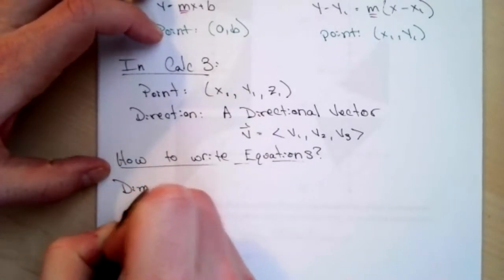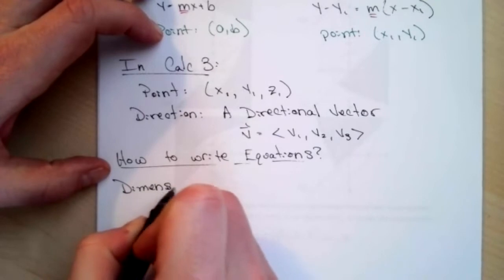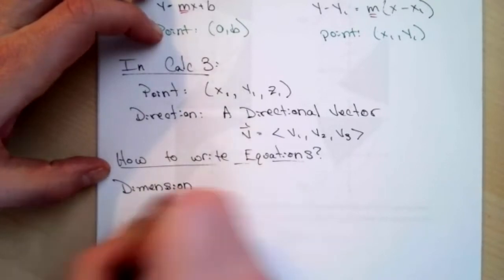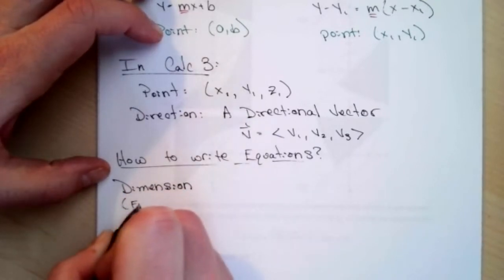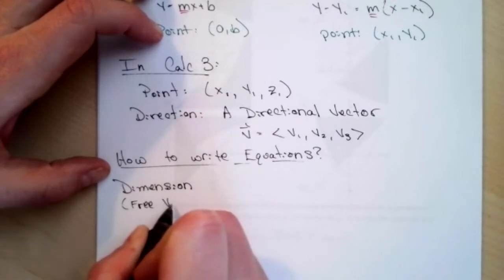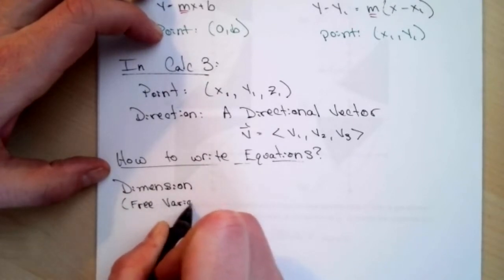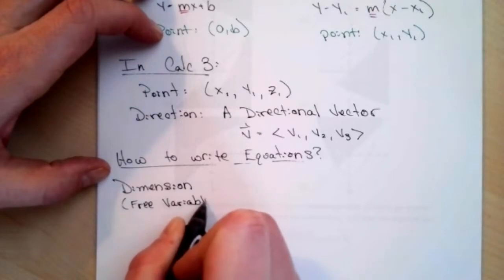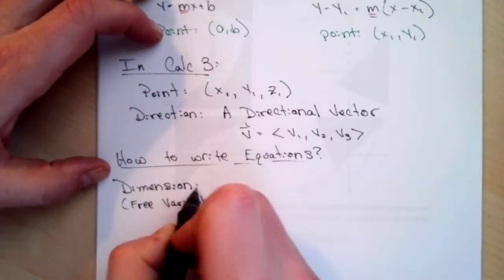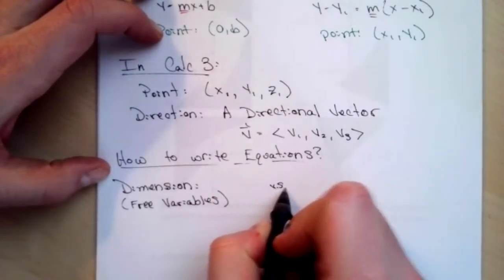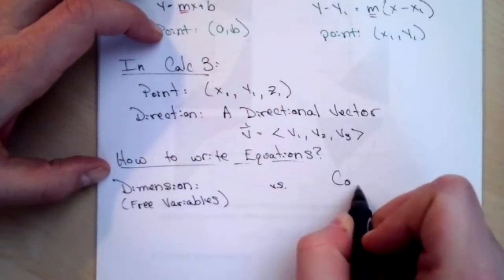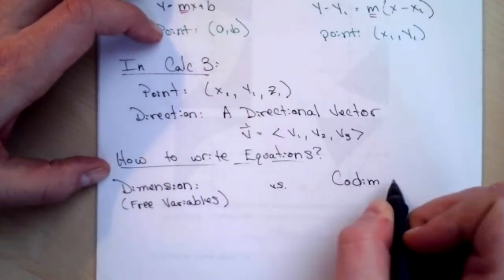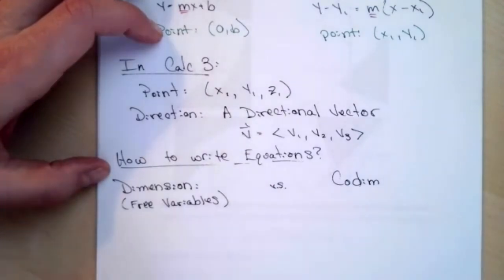Dimensions, which, remember, we also think of as free variables or free parameters, versus our codimension. Codimension, just think of as the remaining dimensions that we don't occupy.